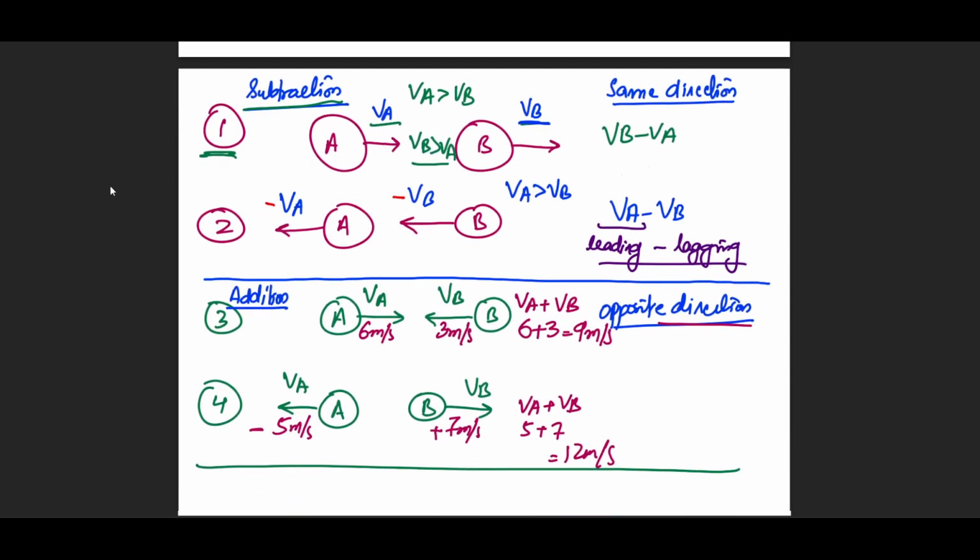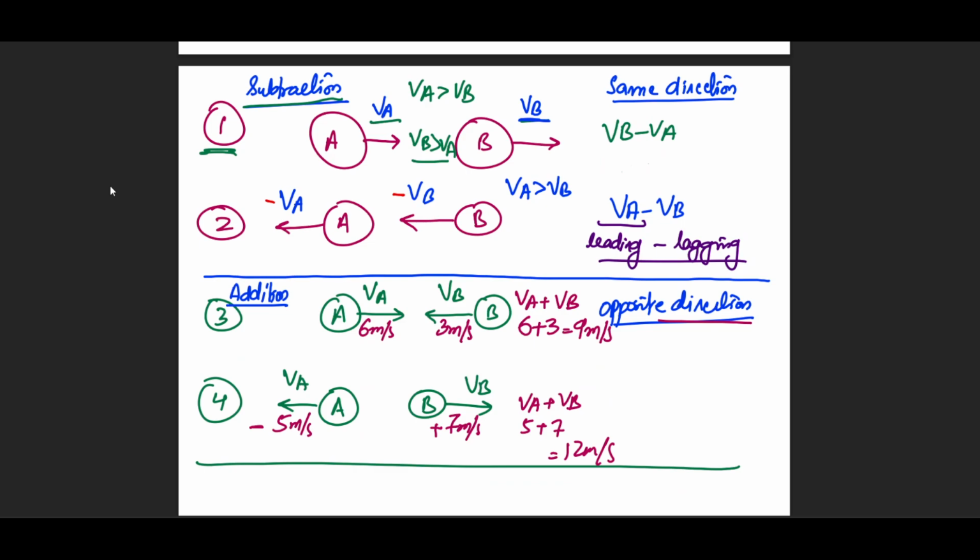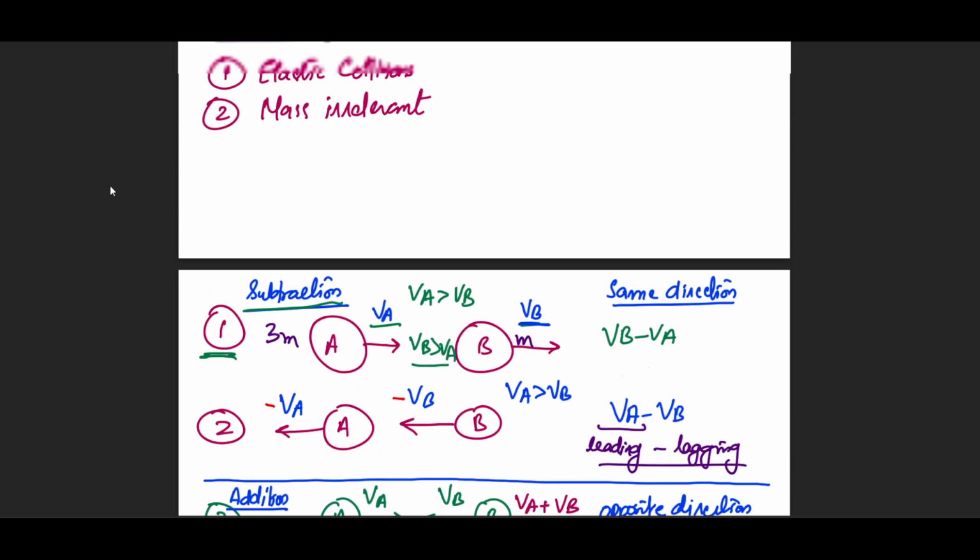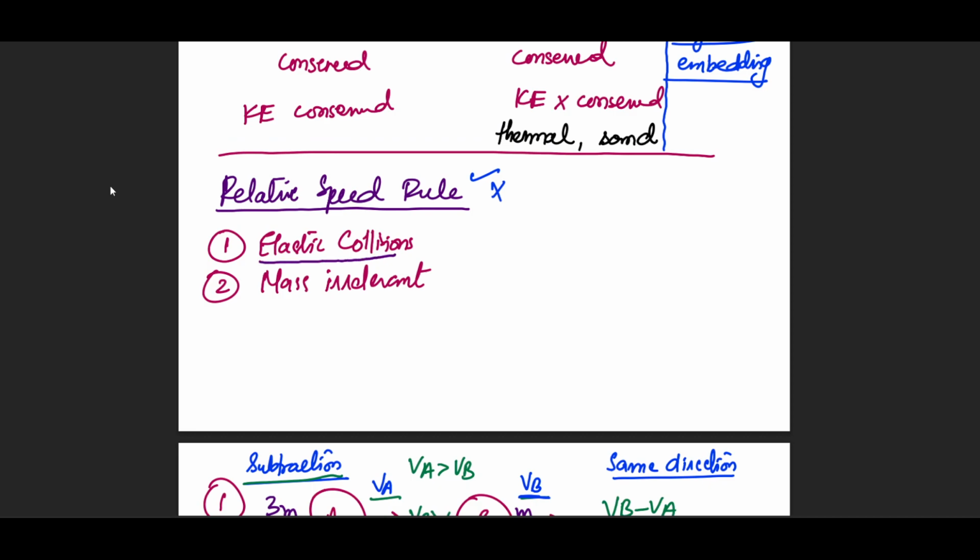And we will use this rule to solve many questions, and you will see that mass is irrelevant in this situation. Even if this was 3m and this was, let's say, only m, the answers will still be the same and come out correct because the underlying assumption is that the collision is elastic, right? So let's move towards solving questions.